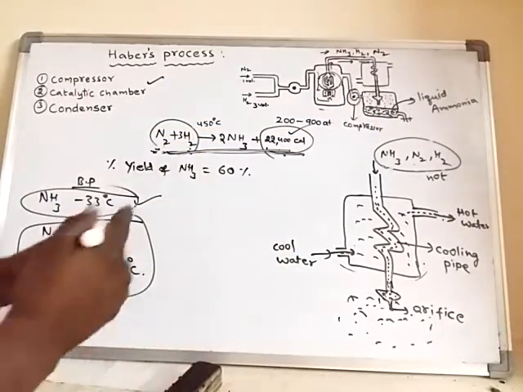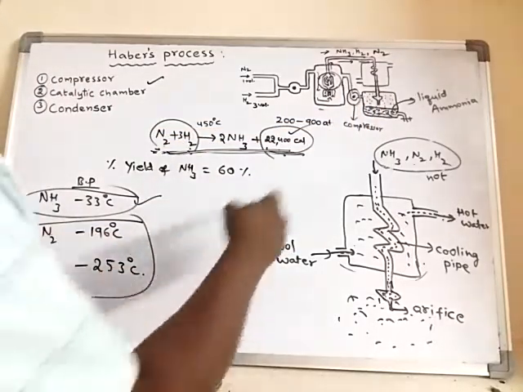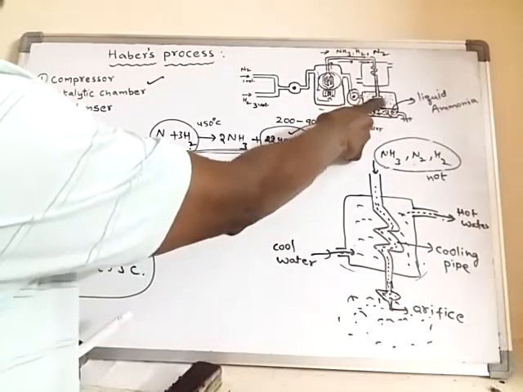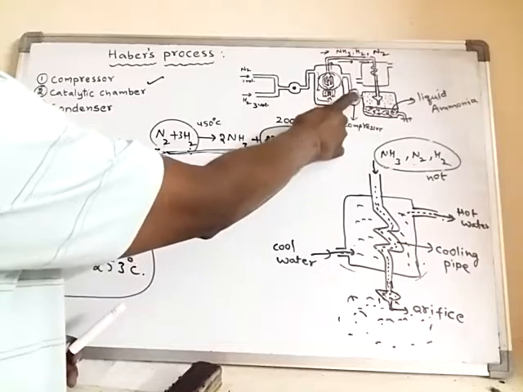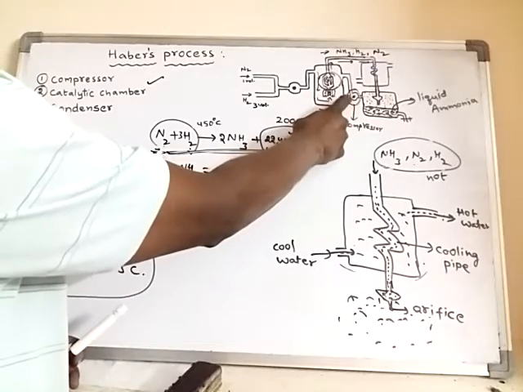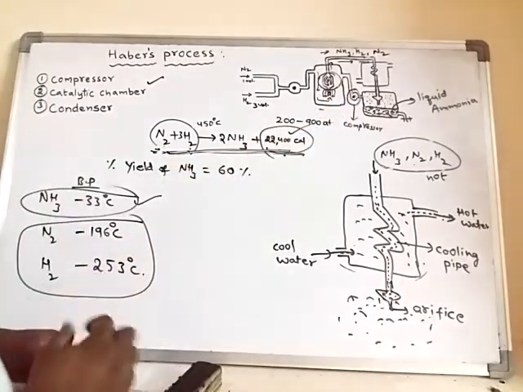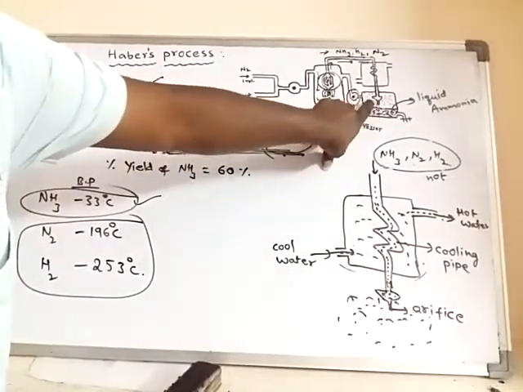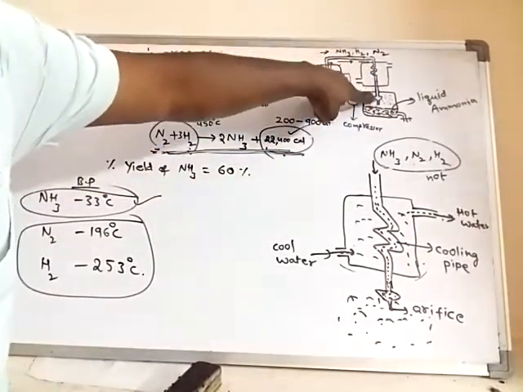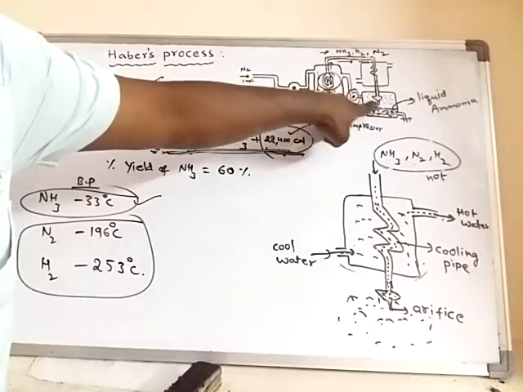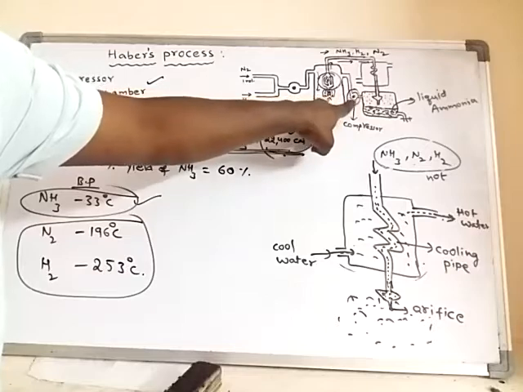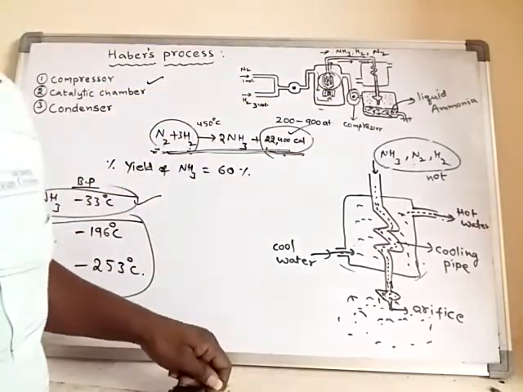So these gases pass into the compressor and are recompressed here. The nitrogen and hydrogen gases coming through this cooling pipe enter this open area, and finally through this pipe they enter the compressor.